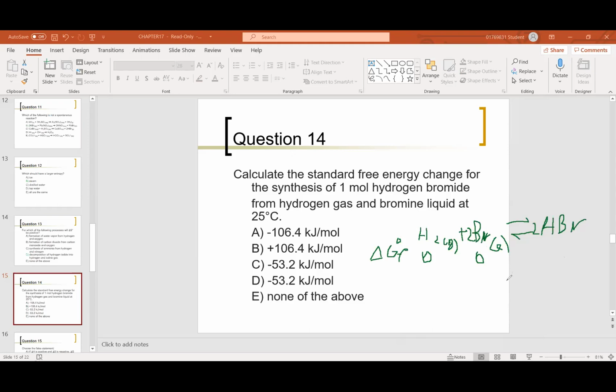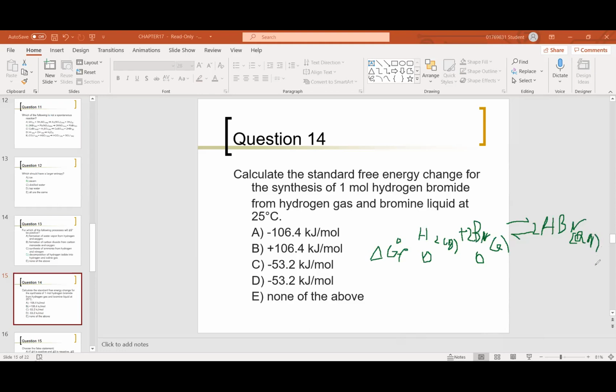2 HBr. Let's see. HBr. No, I don't have HBr, do I? Is it further down the appendix? These are acid substances. No. Well, whatever it is, this value isn't 0. It's a hydrogen. This is aqueous. It's not an acid.